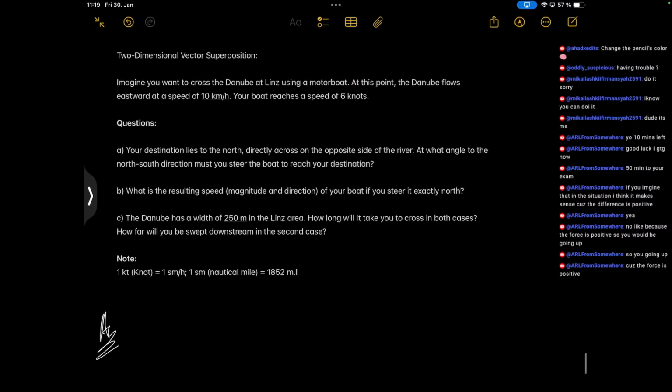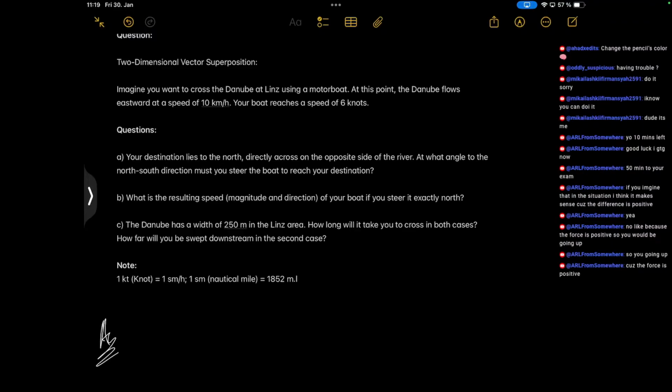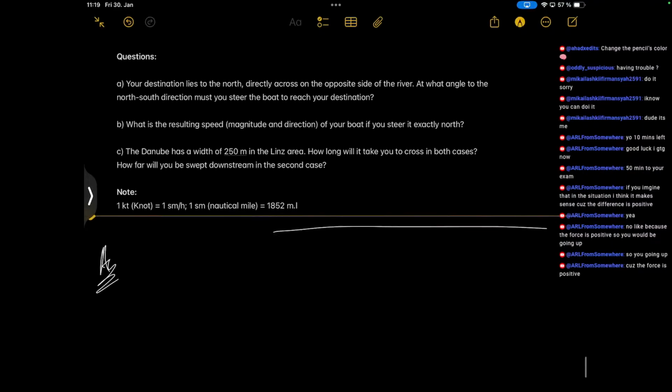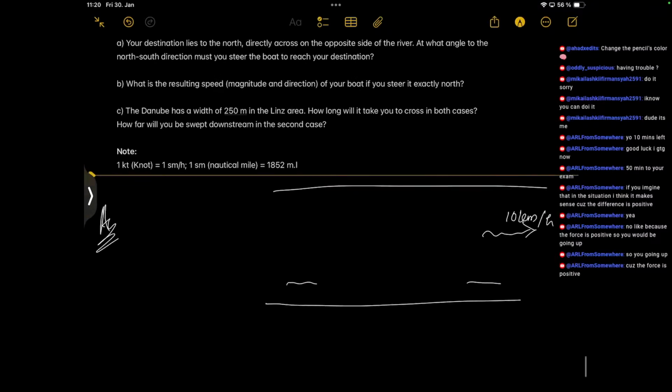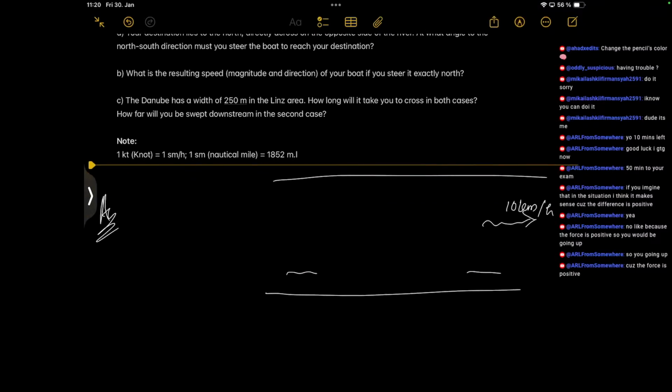Not like it matters, but your destination lies to the north. So as we go, there we go. The river has a flow of 10 kilometers per hour. We got our boat.